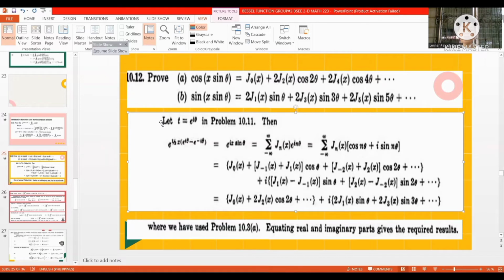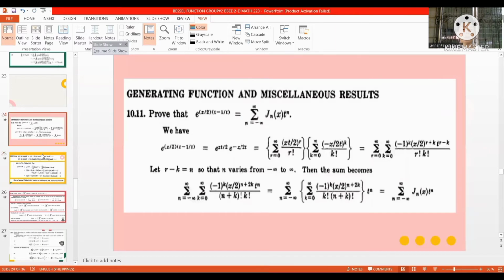In the first step, let t is equal to e^(i theta) in problem 10.11. Yung ilet daw natin yung t equal e^(i theta) doon sa nakaraang problem sa 10.11 dito.